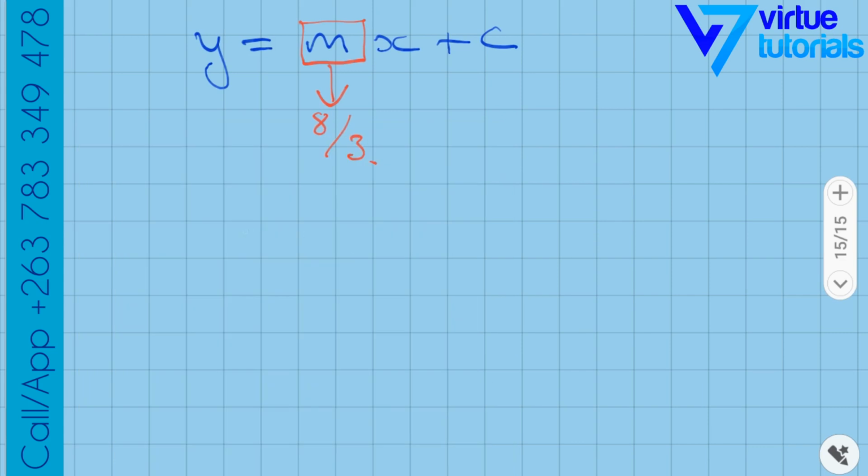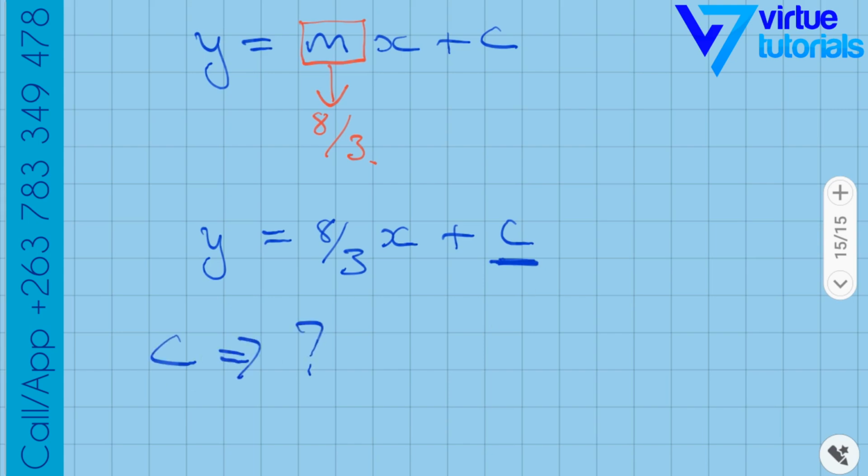So we'll have y is equal to 8 over 3 x plus c. No need to say m because we now know the actual value of m. But now we have to move to our next part of the problem, and that is c. We now need to find the actual value of c.